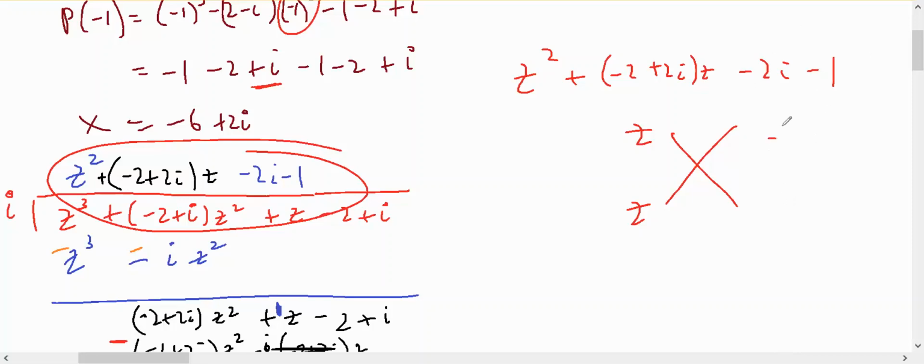So if I do minus 2i minus 1 times 1, that z plus that, I don't get this expression here. So maybe I have an i down here, which means this would be minus 2 plus i.